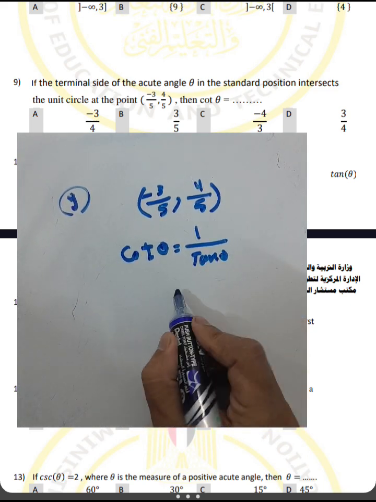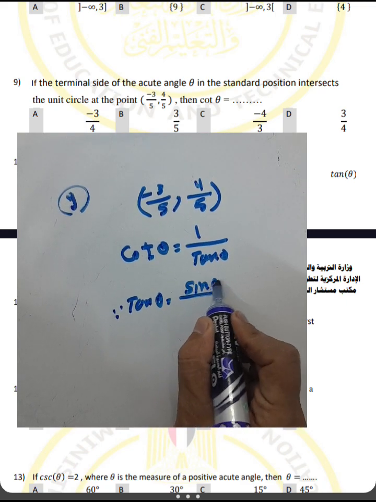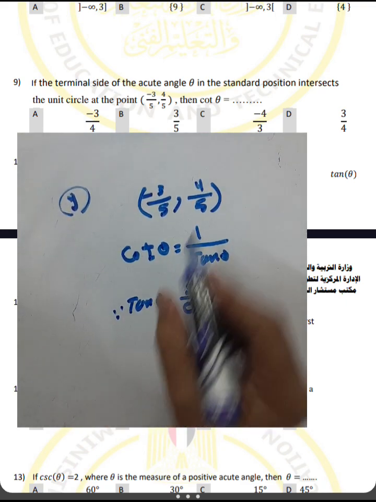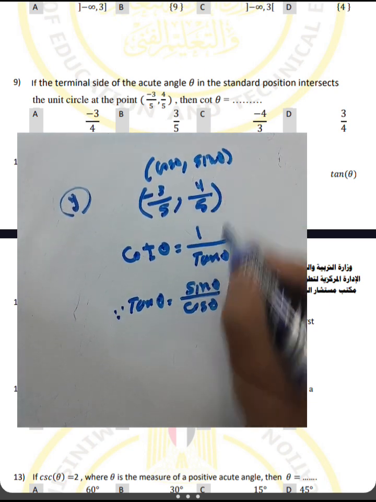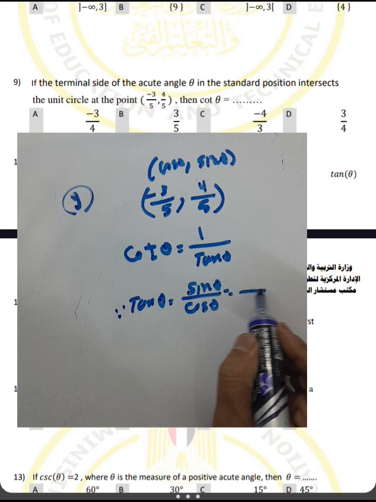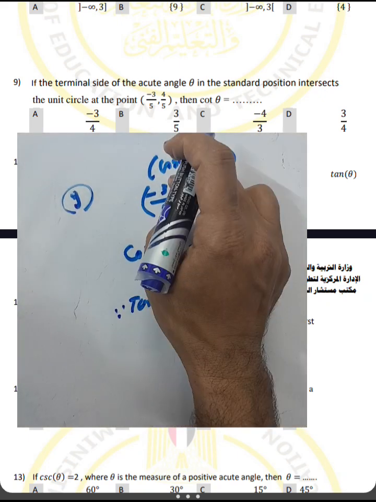Okay, and we know tan theta equals sin theta over cosine theta, and we have the order here: cosine theta and sin theta. Then sine is 4/5 divided by cosine negative 3/5.